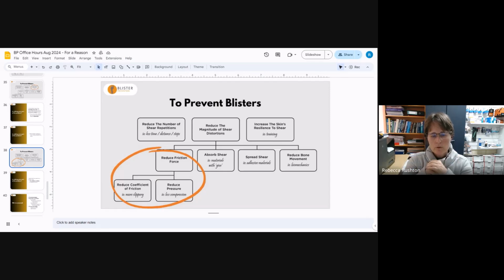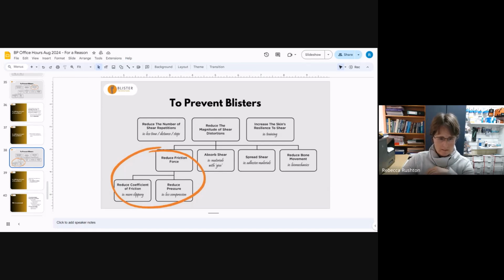And that includes all of the pressure reduction strategies, so cushioning, donut pads, any biomechanical interventions that you can reduce pressure with. They are, yes, reducing pressure, but they work because they're reducing friction force, because friction force is determined by the pressure, the compressive force, times the coefficient of friction.